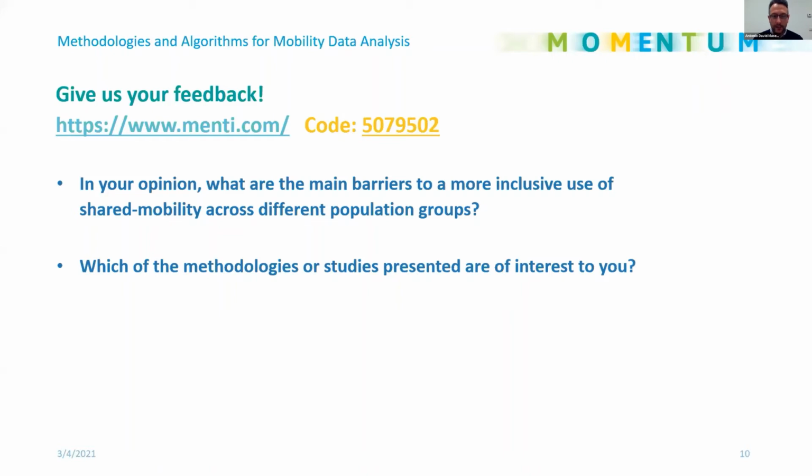So we would like to ask what you think these barriers to adoption are: physical access and vehicle availability, affordability, a digital gap, or the lack of knowledge about shared mobility services. And also we'd like to ask which of the methodologies or studies that we have presented you are interested in.